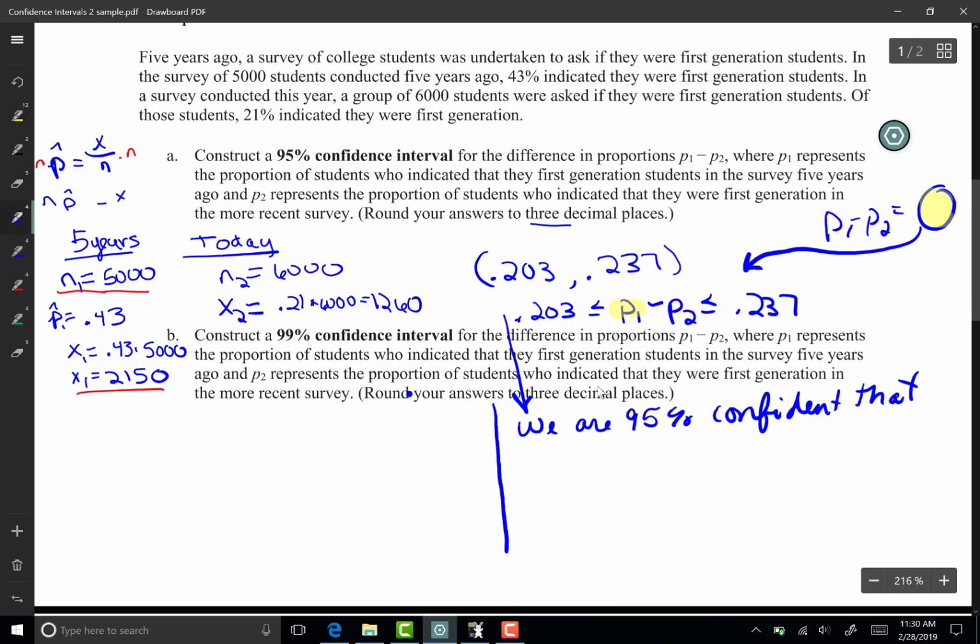Okay, so we're 95% confident that the proportion of students, so this is our P1 here, right?